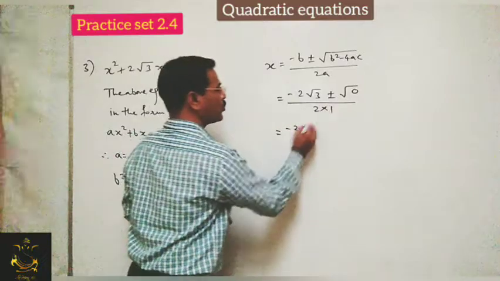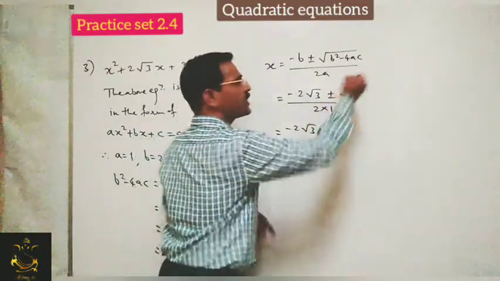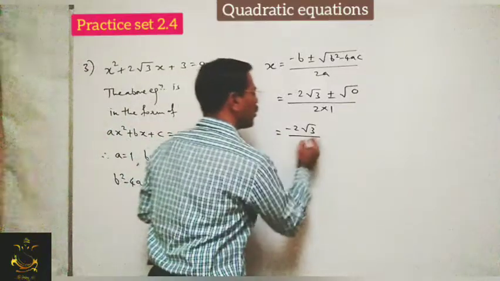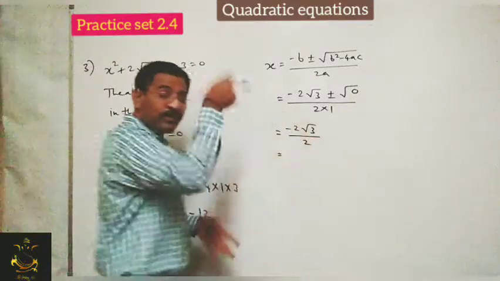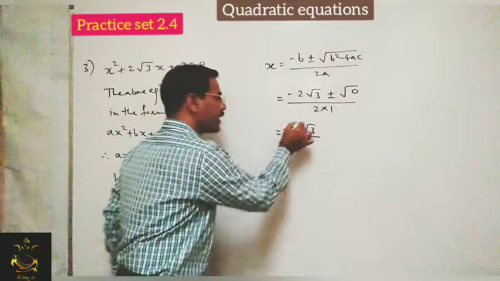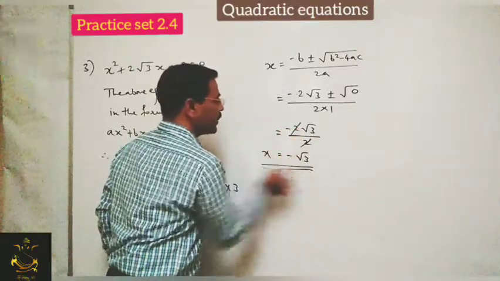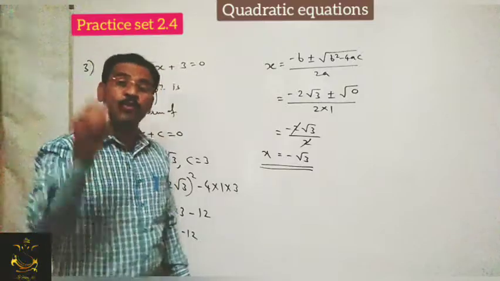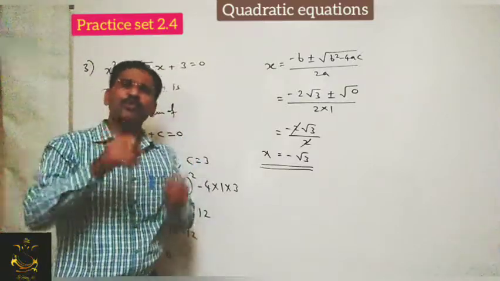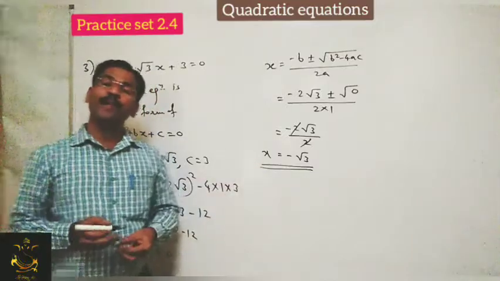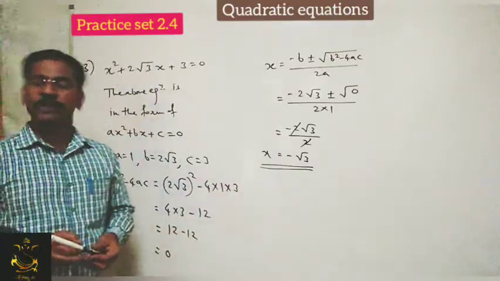Now, minus 2 root 3 plus or minus 0. 0 means no need to write that. Here it is upon 2. Now, because the numerator is a monomial, we can cancel this. Here it is minus root 3. Here the root is just once only. It is equal roots, so we can say a unique solution. So here x equal to minus root 3.